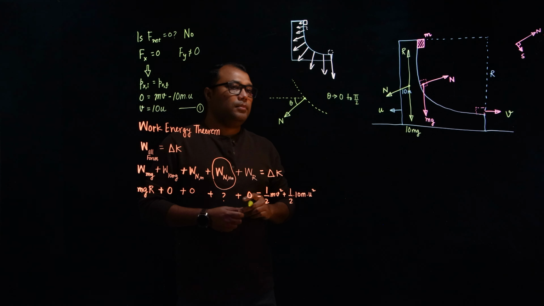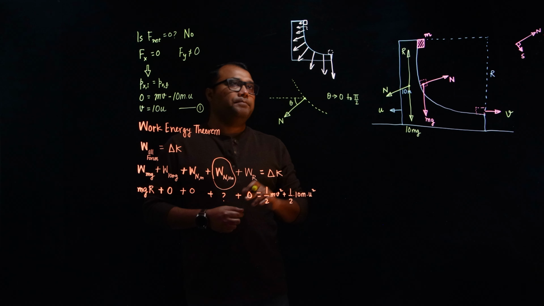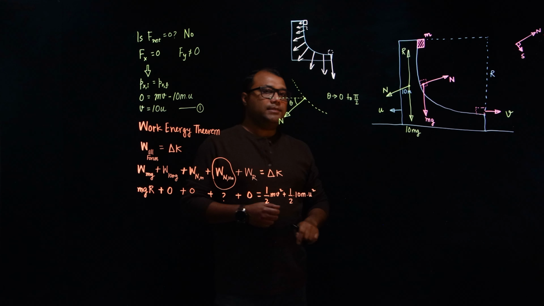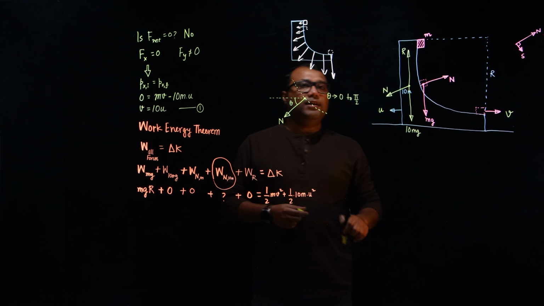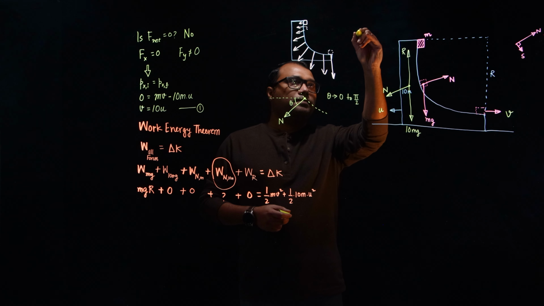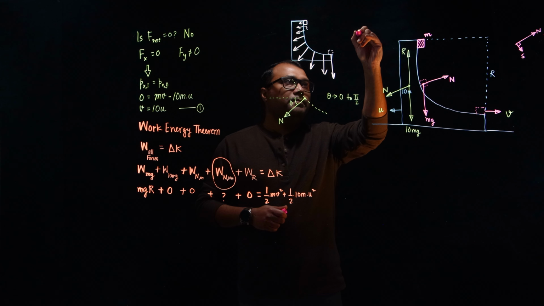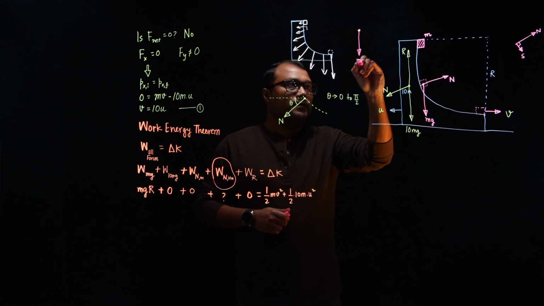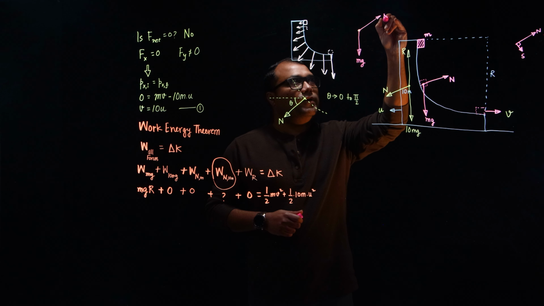Now, this N is a function of theta. As theta increases, normal force increases. How can we find that function? Now let's take a look at the small m. Maybe I will draw it here. This small m, there is force of gravity, and this normal reaction is this way.